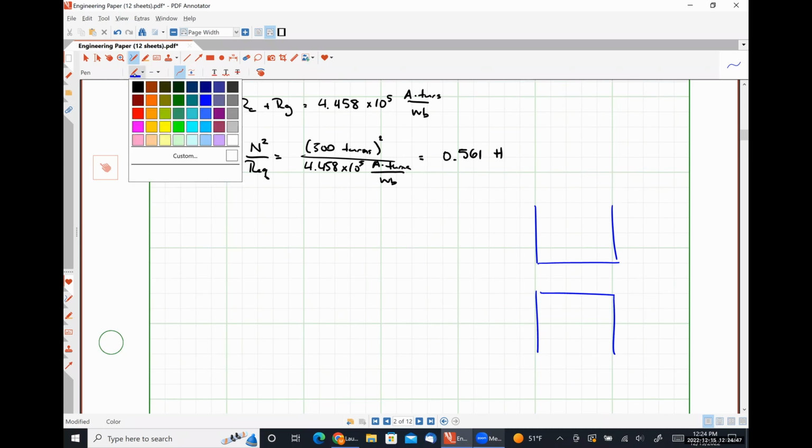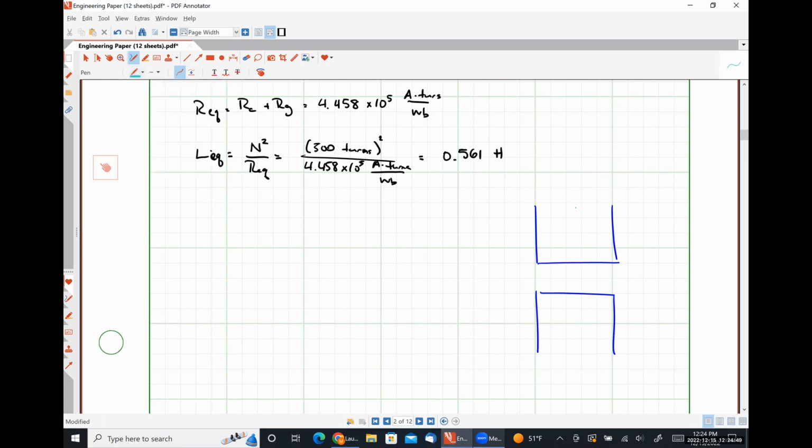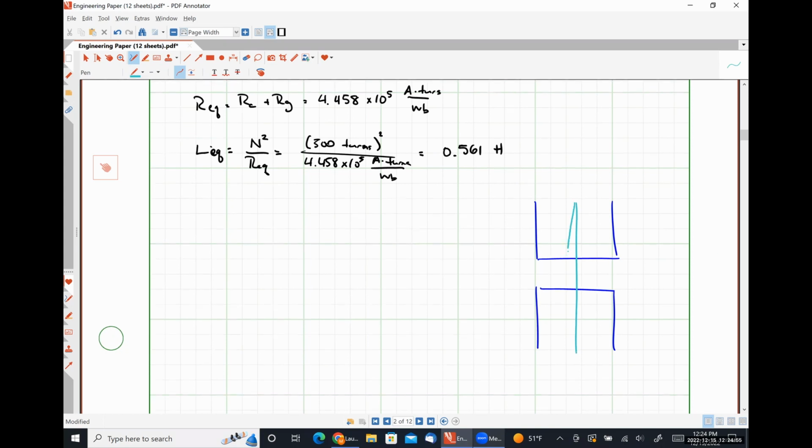If we have a very small air gap, these light blue lines are our flux lines, right? So our flux is going to spread out a little bit, but it's not going to be a whole heck of a lot.